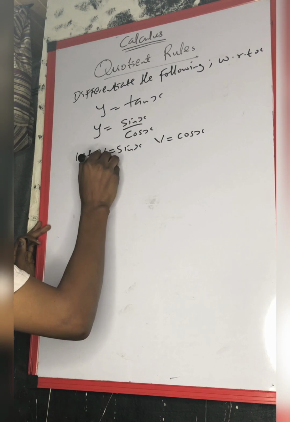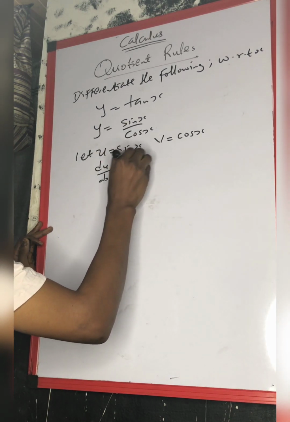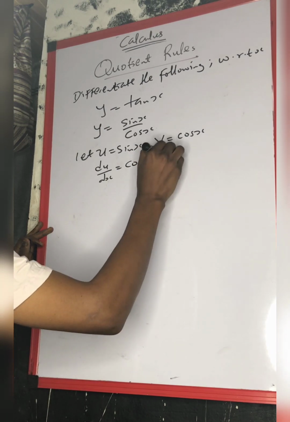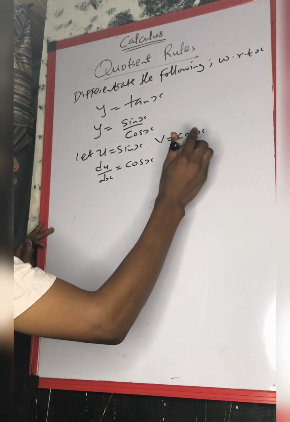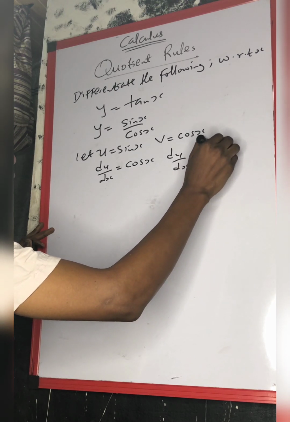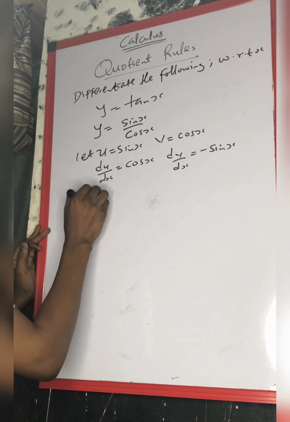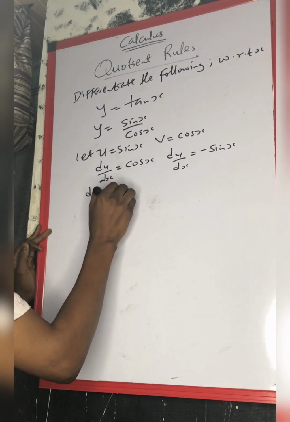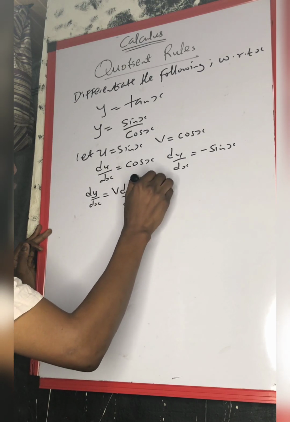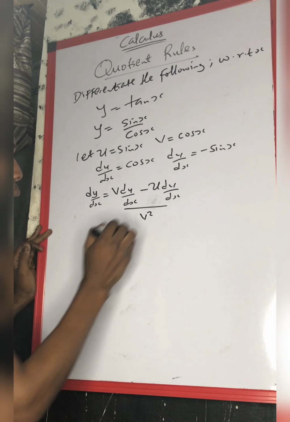So du/dx, if you differentiate sine x, you have cos x. Our dv/dx, if you differentiate cos x, is what? Minus sine x. So don't forget, we have dy/dx equals (v du/dx minus u dv/dx) all over v squared.